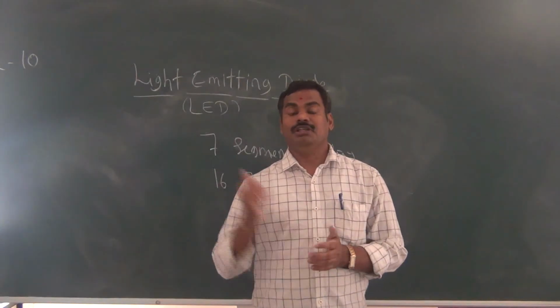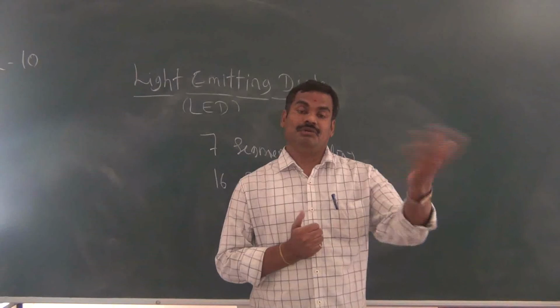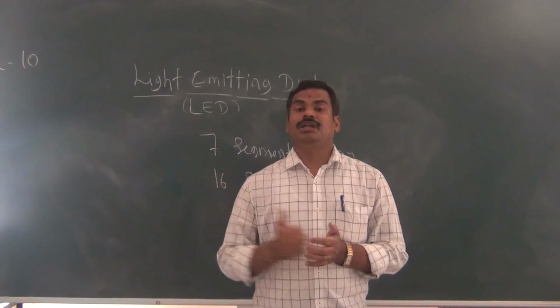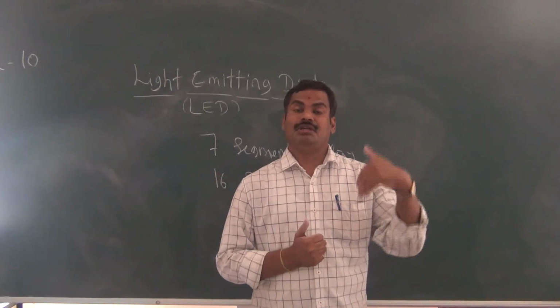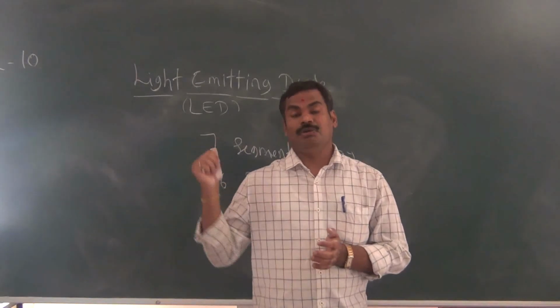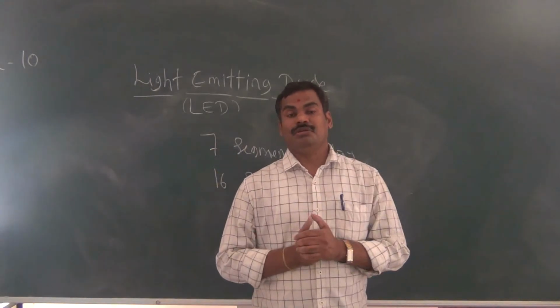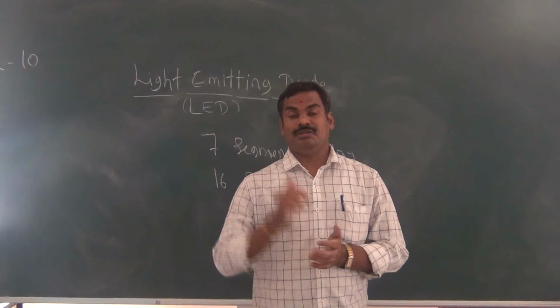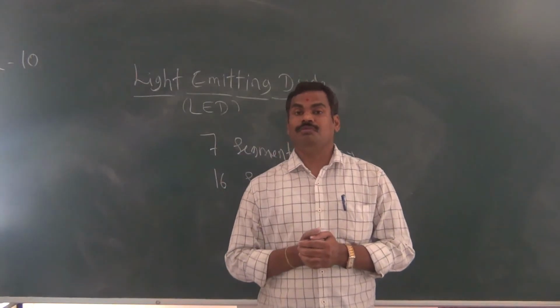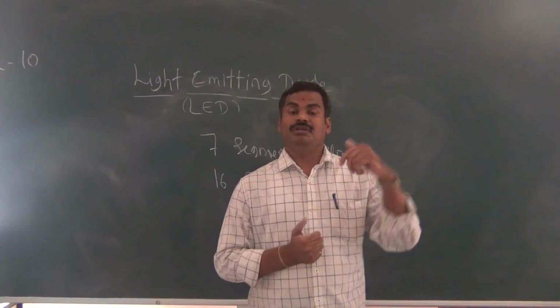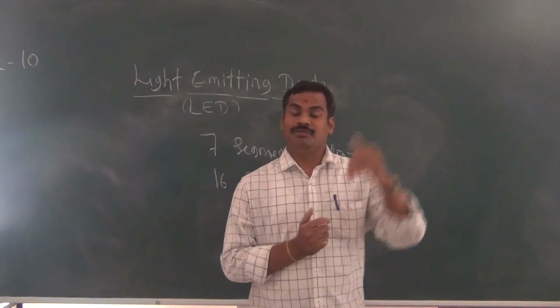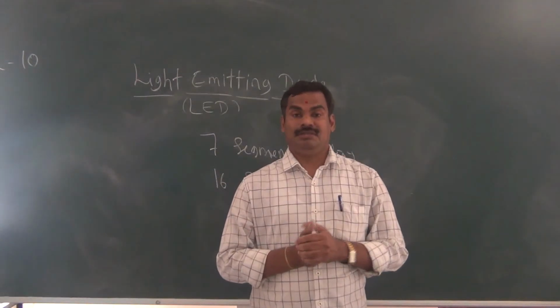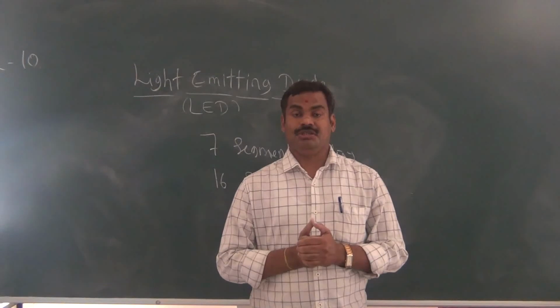In the LED, the electrical energy is converted to light energy. The semiconductor's energy gap should be more than 1 electron volt; only then, whenever the electron recombines, it gives the energy in terms of photons of light.